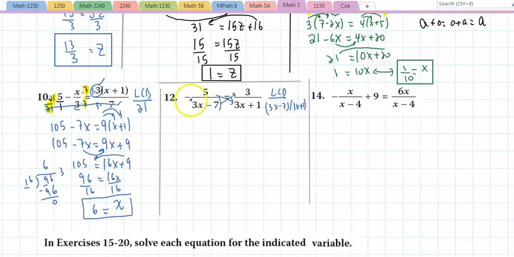So what is this missing to have the whole LCD? A 3x plus 1. Whatever you multiply the bottom with, you multiply the top with. And this is missing a 3x minus 7. Multiply by 3x minus 7, top and bottom.